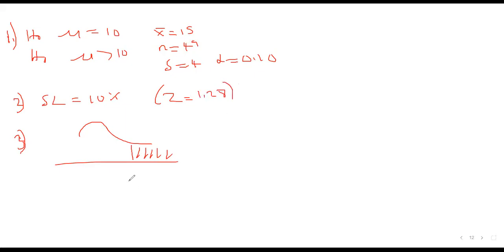It's a single tail test. If it was a double tail test, what will our Z be? 1.645. So here you're going to reject H0 if our Z calculated is greater than what? 1.28. We're going to shade on one tail only because we're on this side.